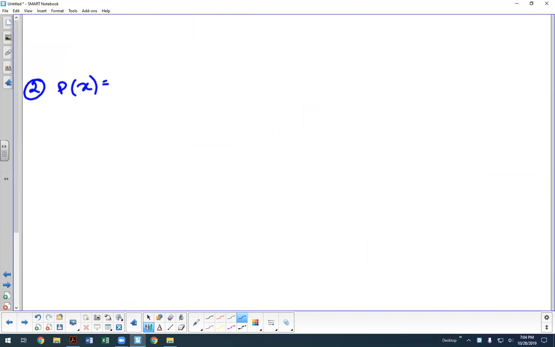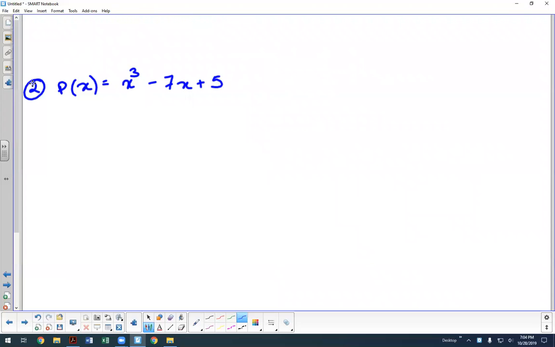Our polynomial is given to us as x cubed minus 7x plus 5, right? What term is missing from our polynomial here?